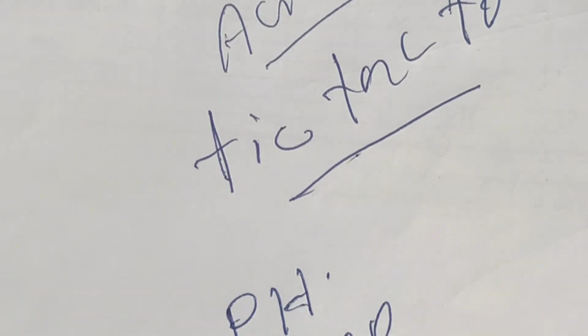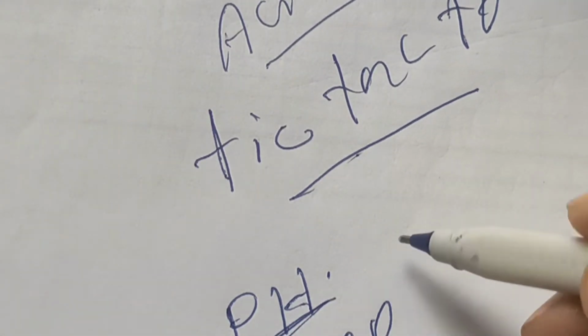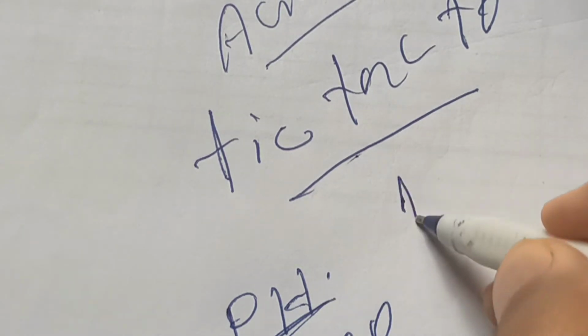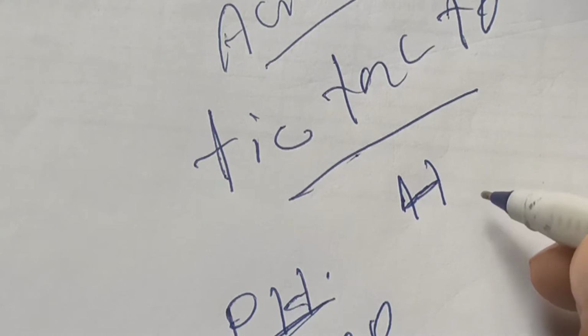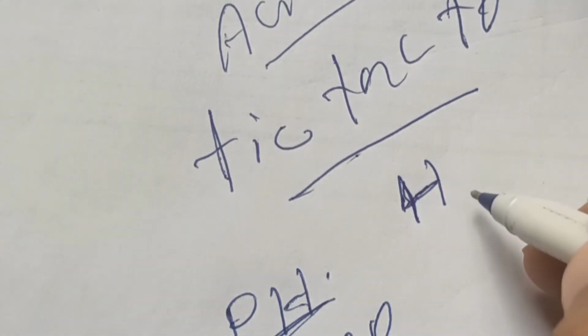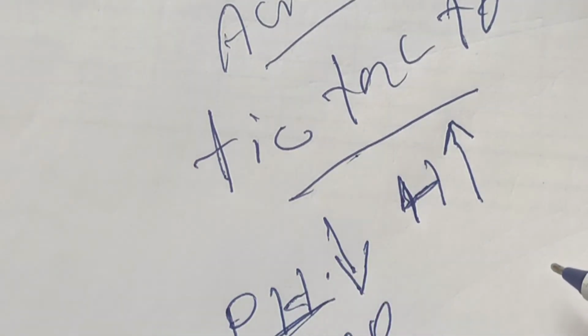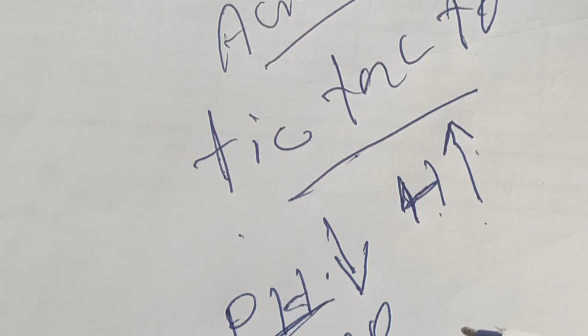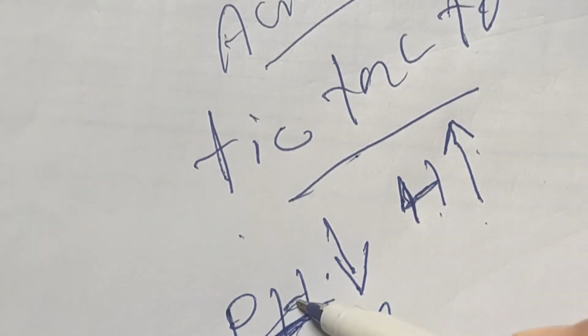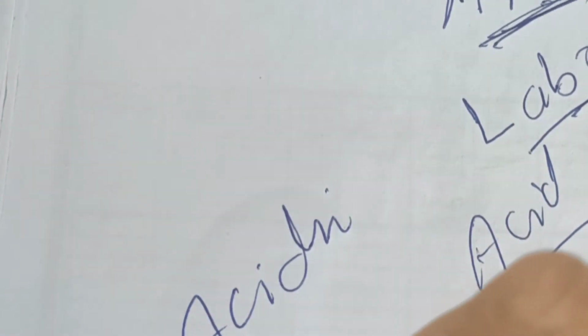The pH measures the hydrogen ion concentration. When hydrogen increases, the pH decreases, and vice versa. If pH is increasing, hydrogen ions will decrease. So pH is measuring if the patient is acidic or alkalotic.